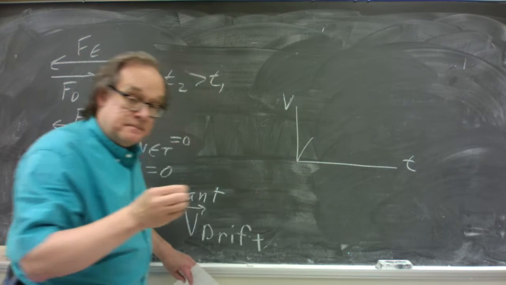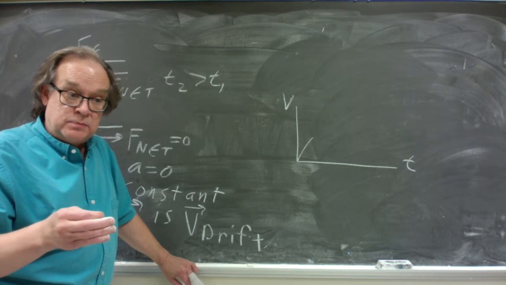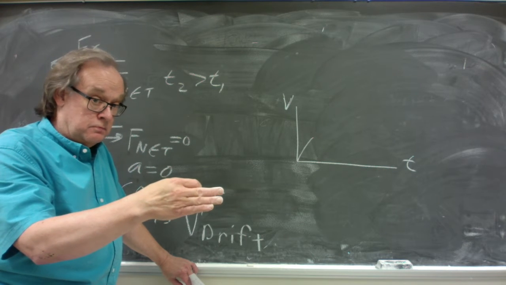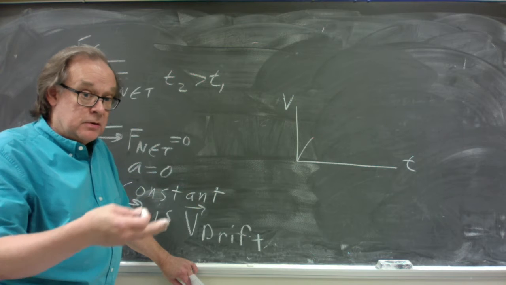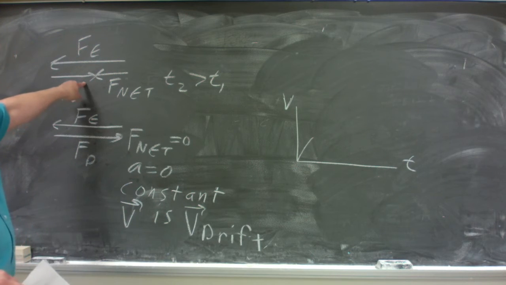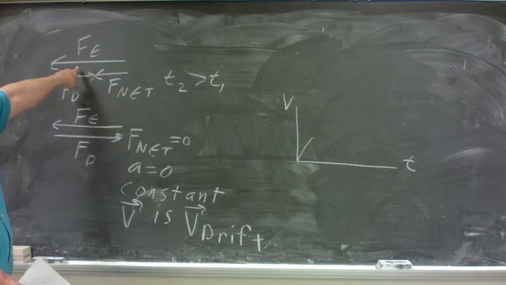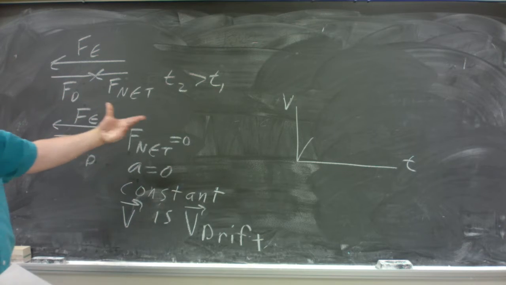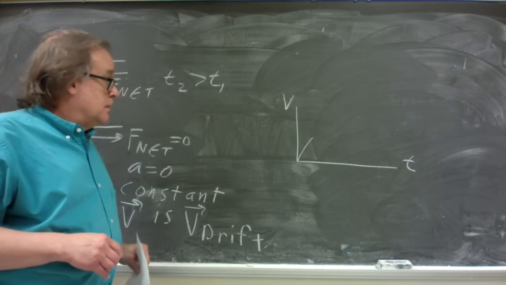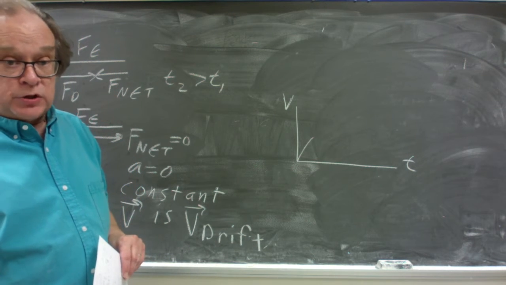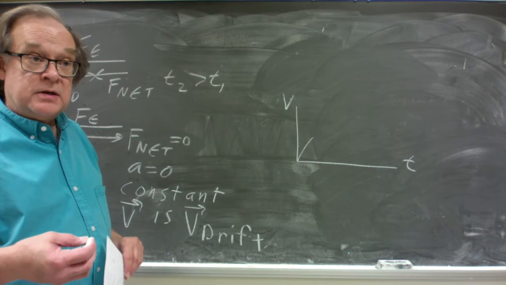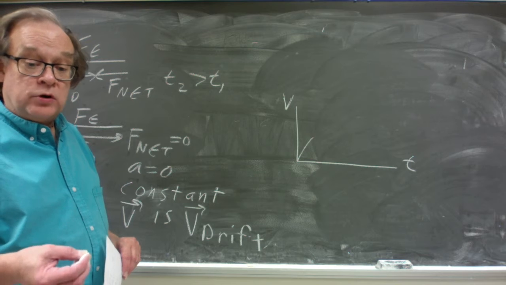But as time goes by and they speed up, the backward force, the drag force, gets bigger, so that cancels out more and more of the forward pushing force. So that makes the net force smaller, so that makes the acceleration smaller, meaning as time goes by with smaller and smaller acceleration, the electrons are speeding up at a slower and slower rate.